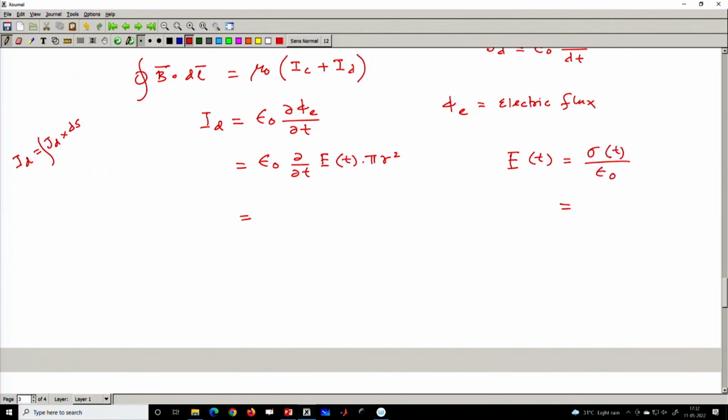I write that in terms of Q as a function of t divided by epsilon 0 and the area, and this has to be the total area, pi R square.